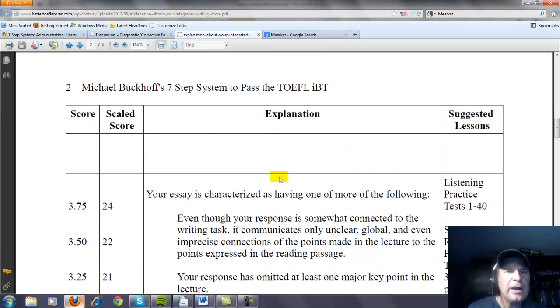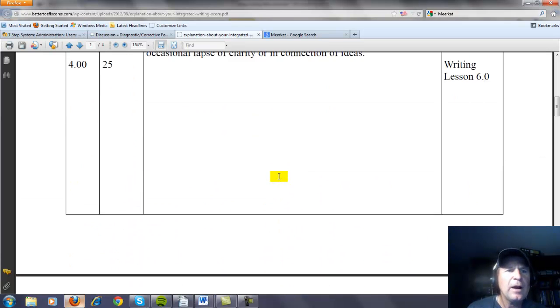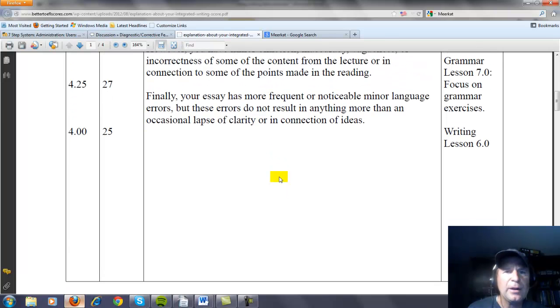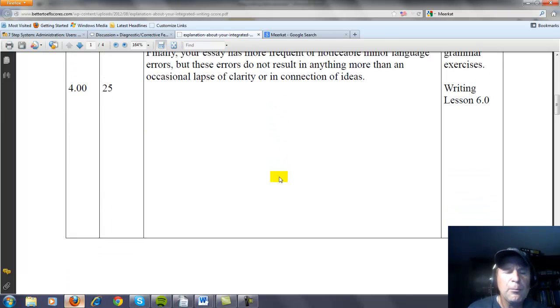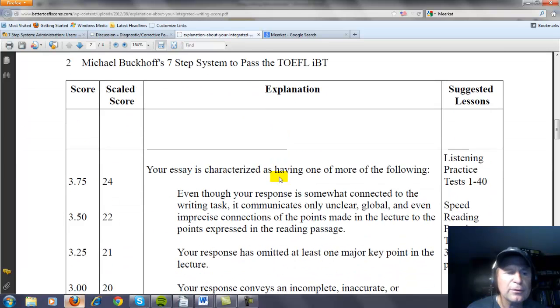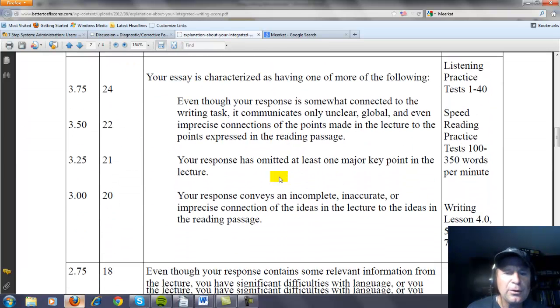I'm going to say you can't really score in the 4 range because of some of those minor word choice errors. So I'm probably going to put you right now between 21 and 22 out of 30, or 3.25 to 3.50 out of 5.